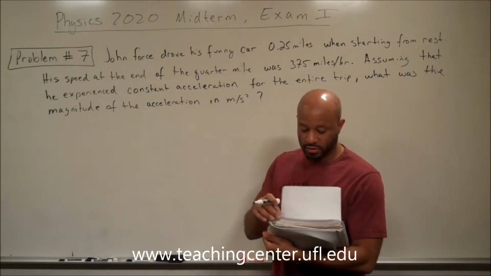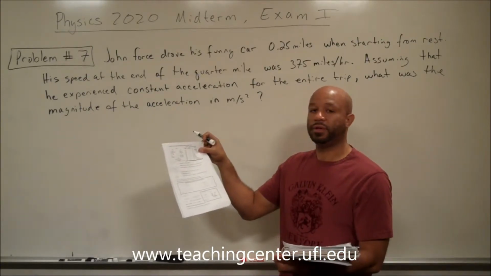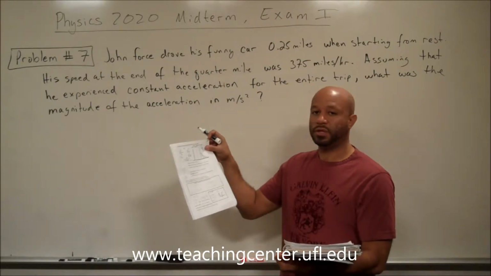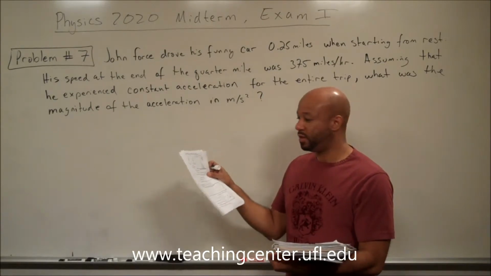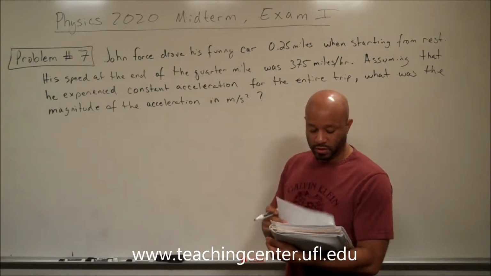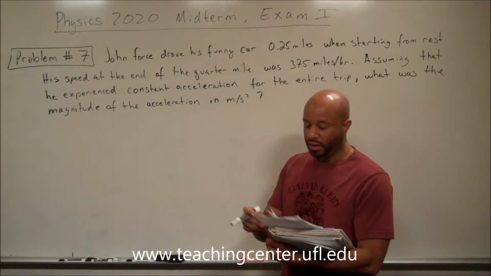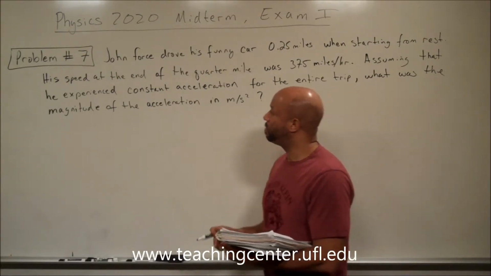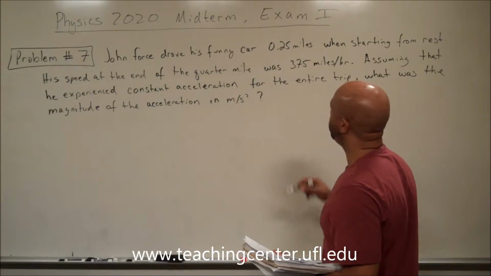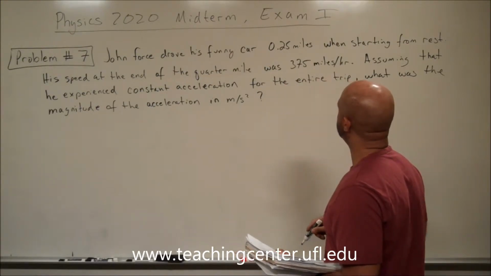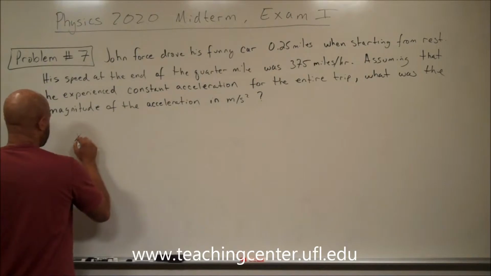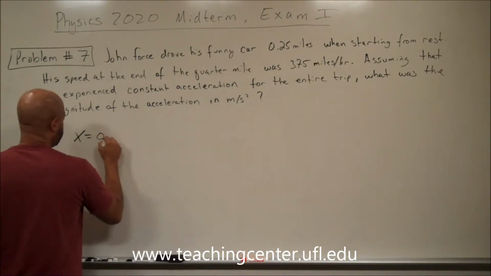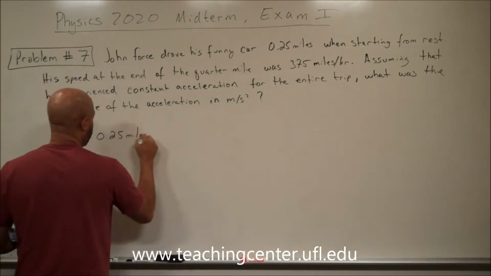Alright, I want to again say that we're going to be referring to the formula review sheet for this particular midterm, exam 1. It might be to your advantage to have this handy so you can follow along. So we're going to try to interpret the problem statement. In the first part of the statement it says he drove his car 0.25 miles, and so we know that the distance that he traveled is going to be 0.25 miles.